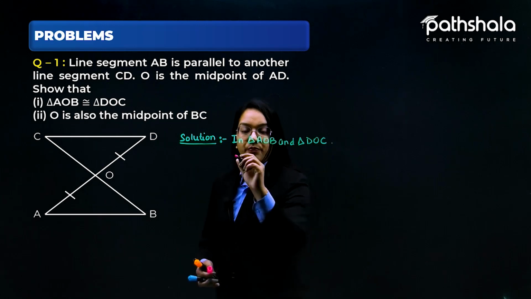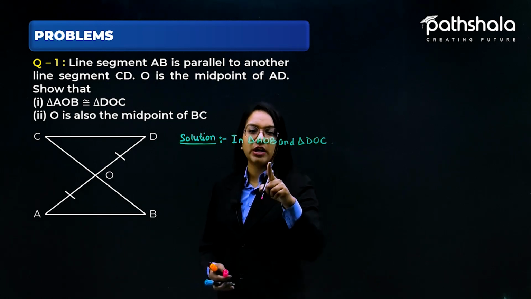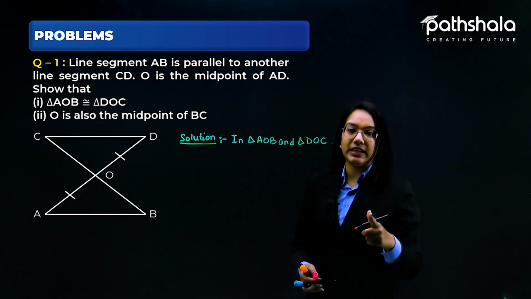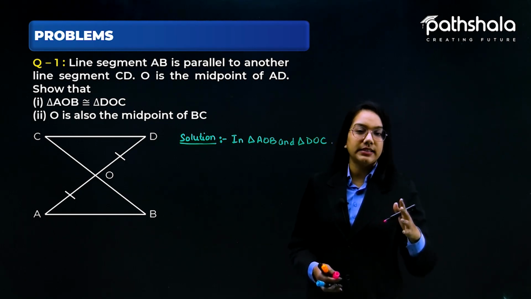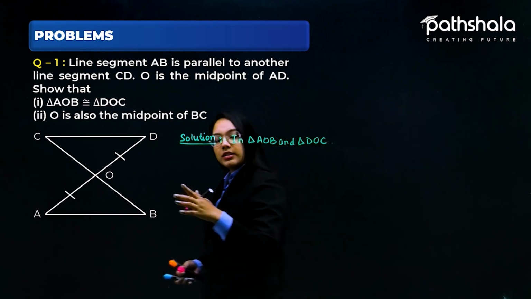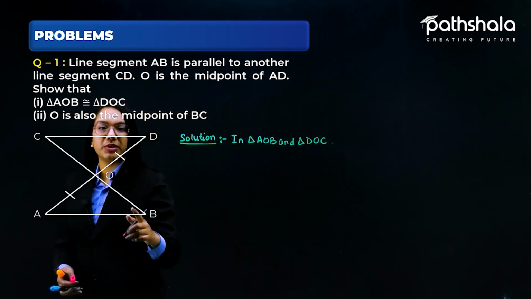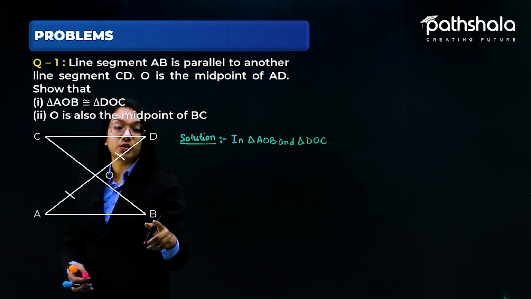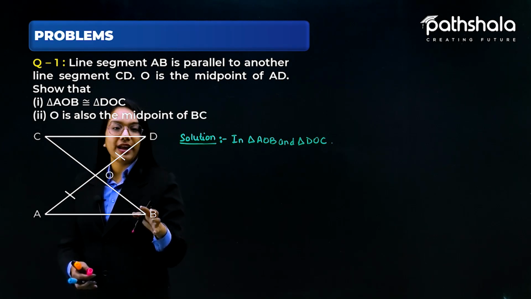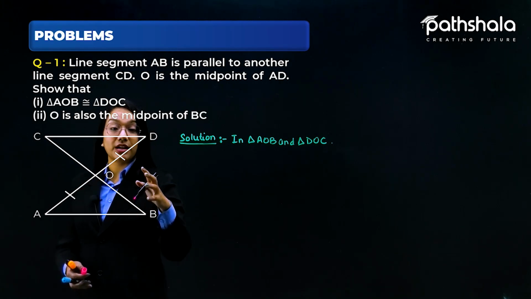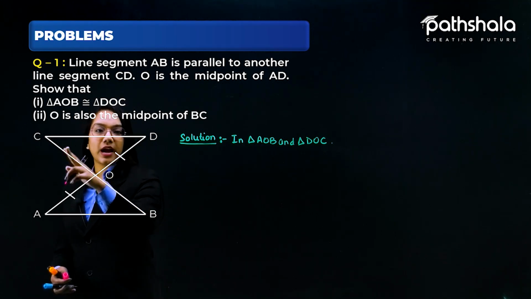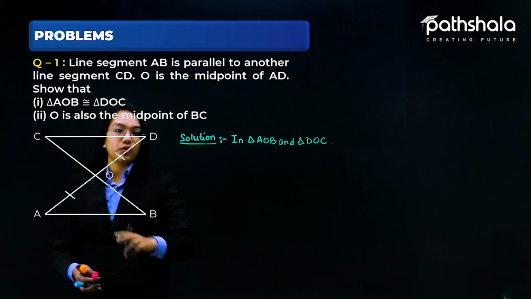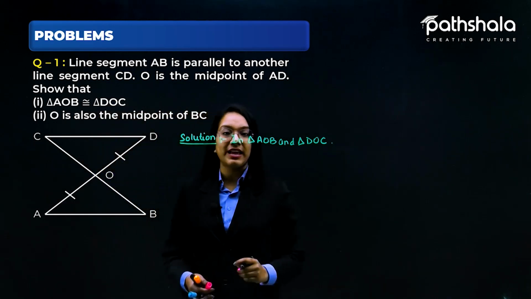We know that AD, or this BC, is existing as a transversal. You can see that they are existing as a transversal over here. So what can we say about this angle or this angle?